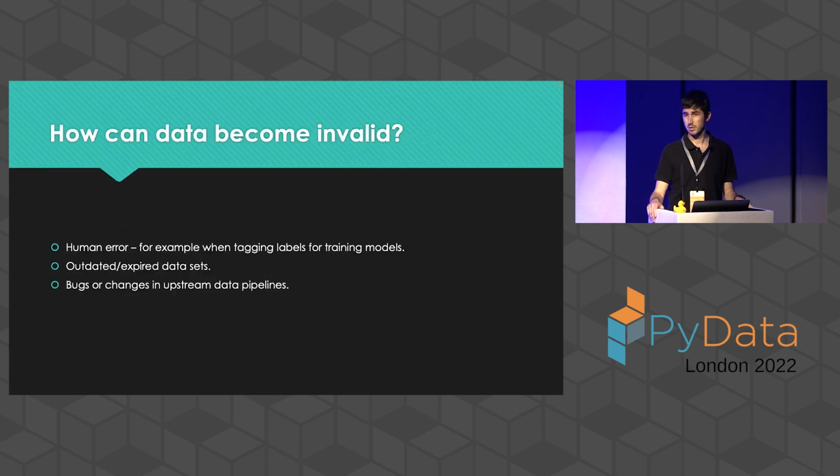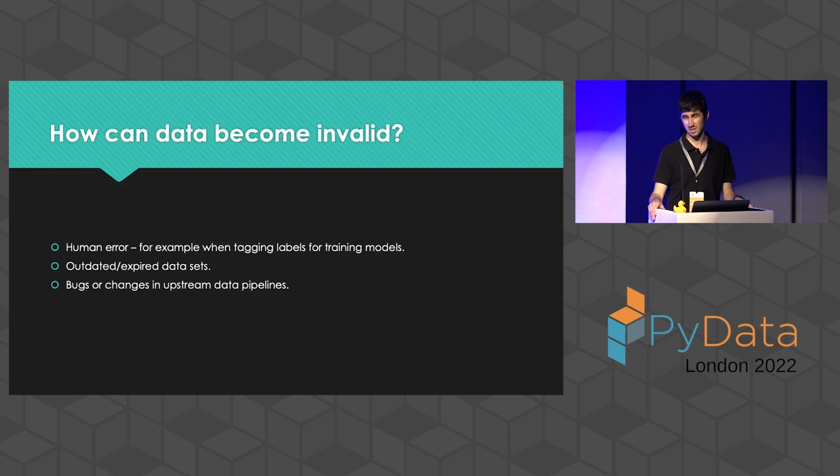How can data become invalid? There are multiple reasons. The first one, which probably comes to mind first, is human error. So for example, if you have annotators annotating your target variable, they are more than likely to make one or two mistakes. Let's say in our data set that we'll be practicing, imagine there are people doing the surveys and typing in different things about the houses that we are trying to predict the prices for.